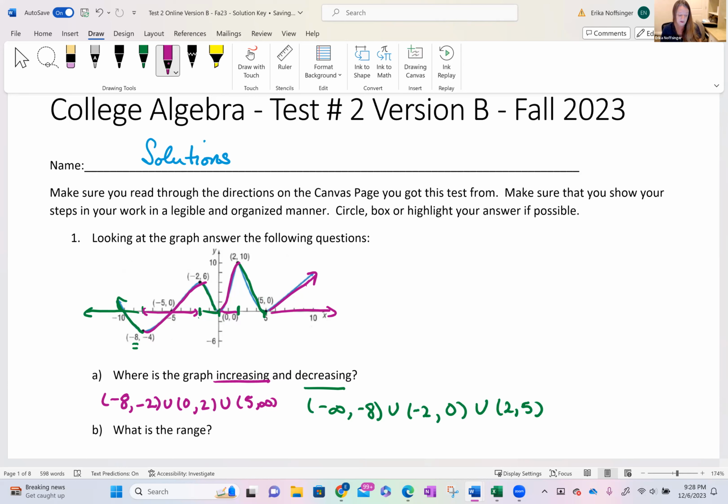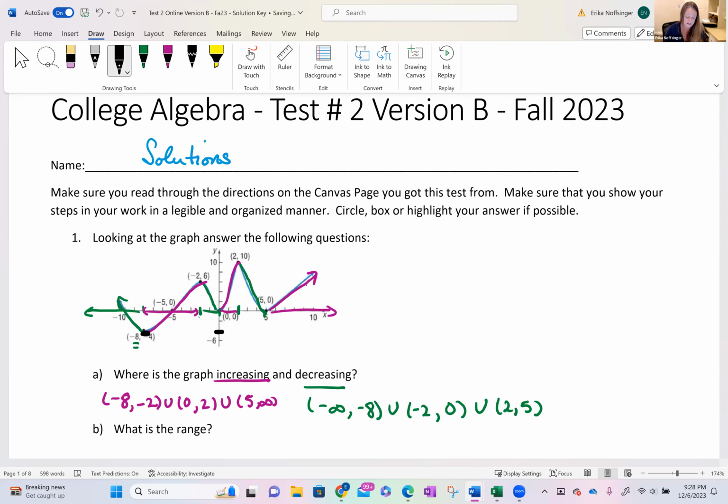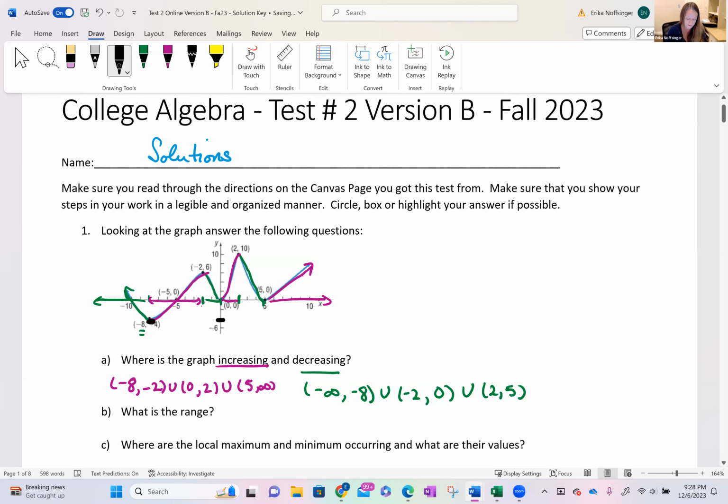So looking at this, it wanted to know what the range is. When we're looking at the range, we're looking at the y values that we're hitting when we're using this graph. And so first I'm looking at the minimum value. Is there a minimum value, the smallest value that this graph hits? And there is. Looking at this, I see that this value here, when x is -4, is the smallest value my graph hits. And so my y value, we're starting at -4.